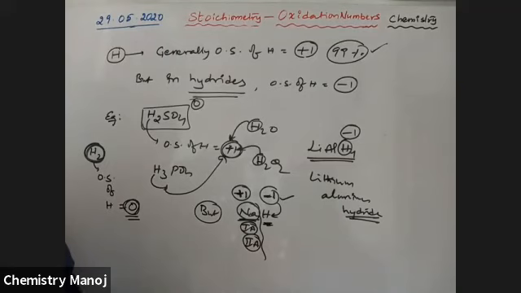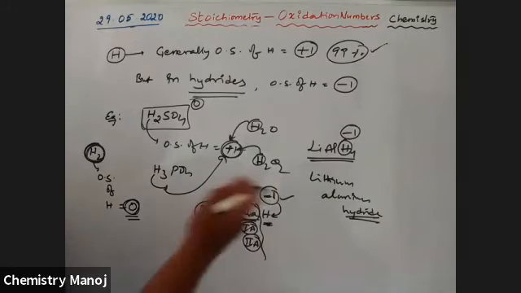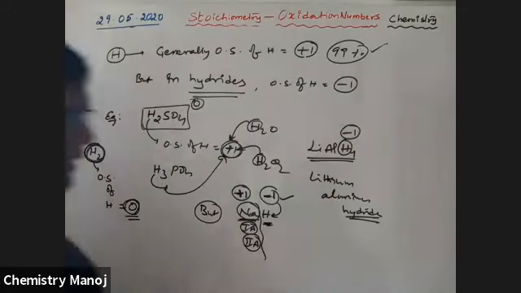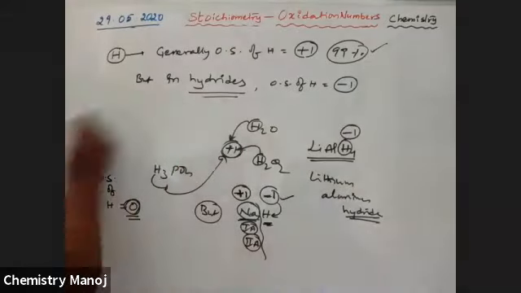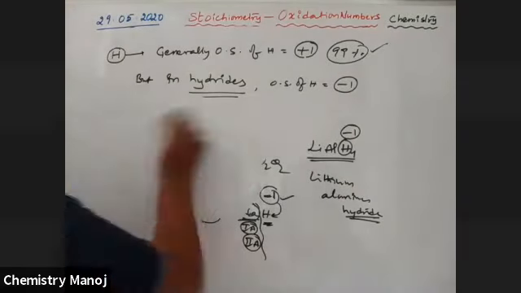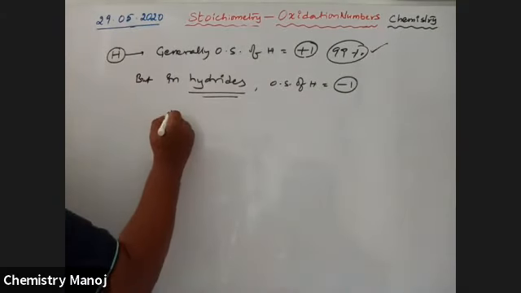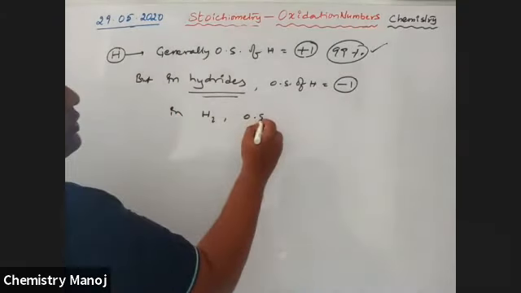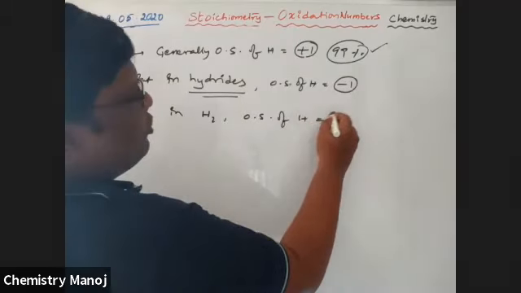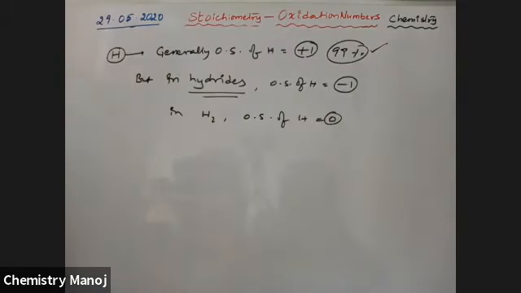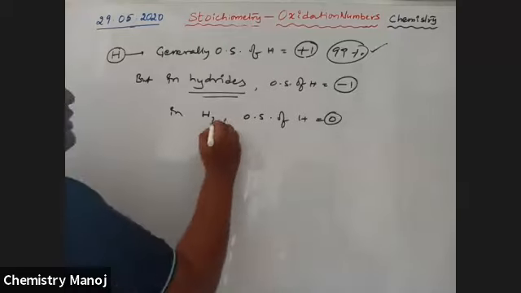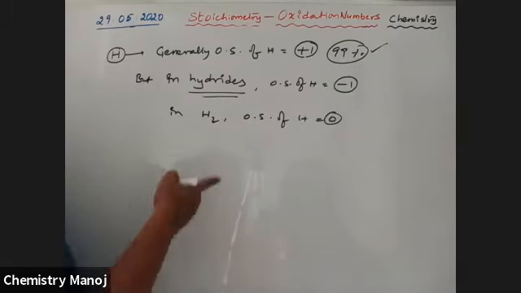Hydrogen mostly has plus charge, and in very rare cases minus charge. So see finally, what are the conditions here? In H2, the oxidation state of hydrogen is 0. An element in its molecular state has value 0.